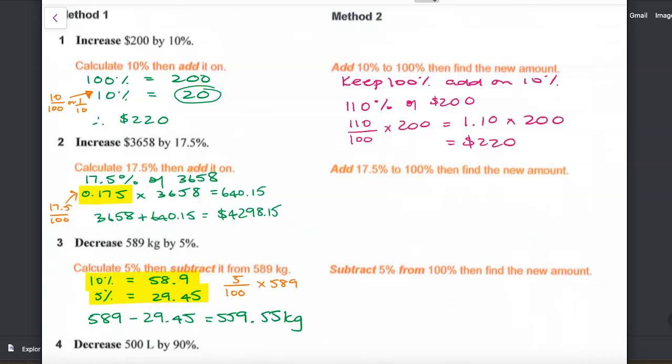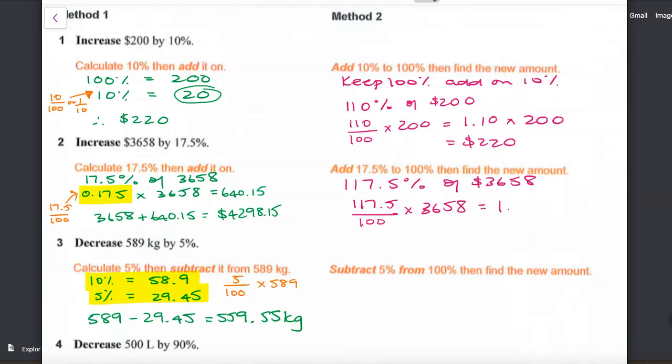Let's see that in our second example. We wanted to add 17.5% to the already 100% of 3,658. So I actually want to find 117.5% of $3,658. So this is 117.5 out of 100, lots of 3,658.